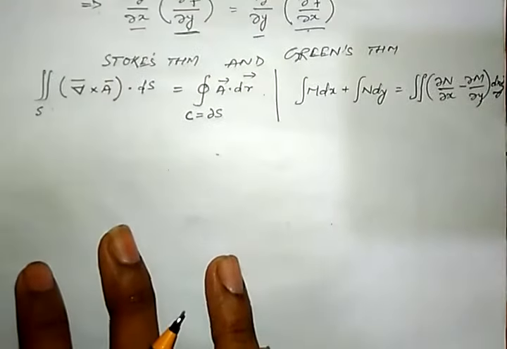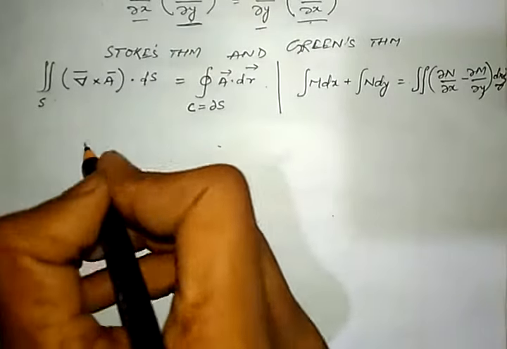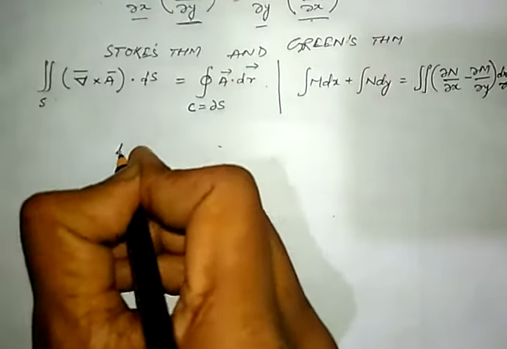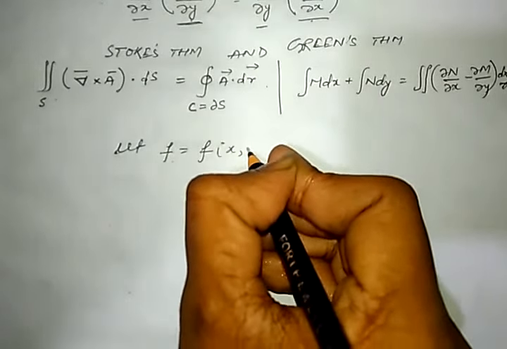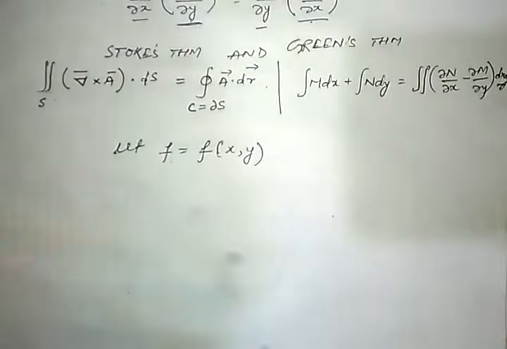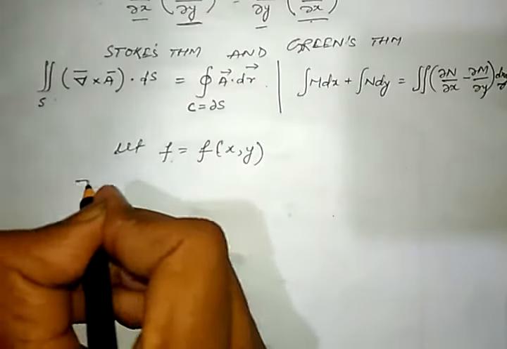Now let me begin by assuming a function. Let f be a function of two variables x and y. We are first going to take the gradient of the function.